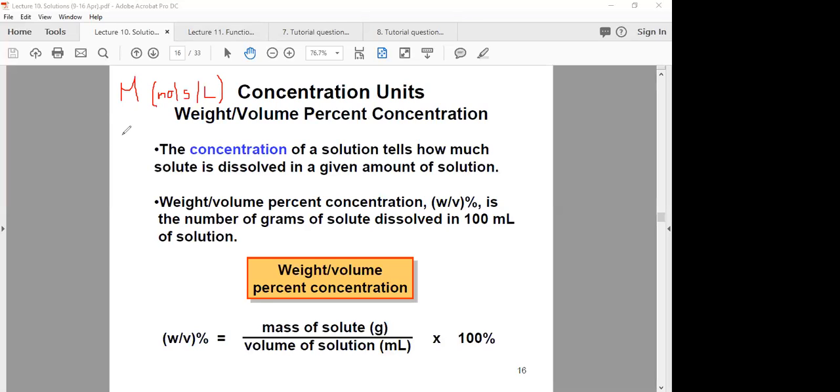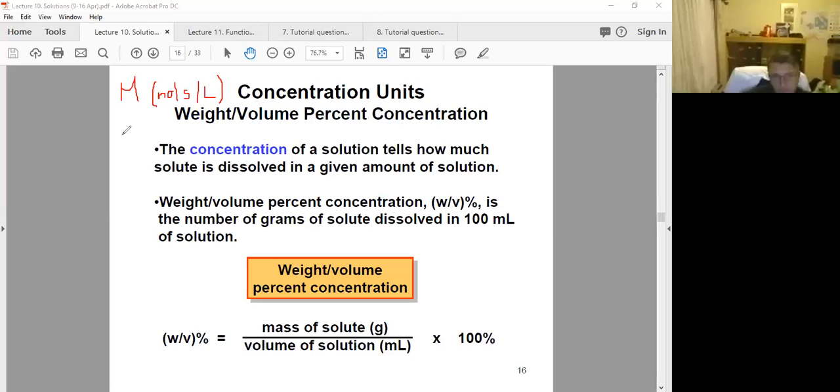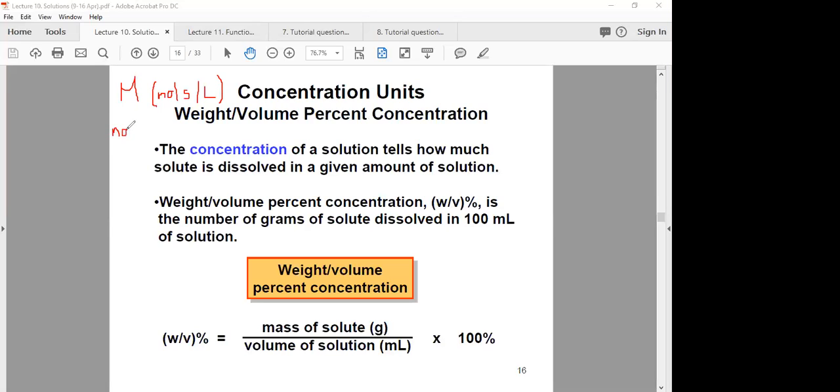What about another unit of concentration that you might be familiar with? Milligrams per litre. Yeah, that's right, milligrams per litre. Absolutely. So milligrams, that's an amount in a given volume. What about a ratio? What about 1 to 10? That's also a concentration.